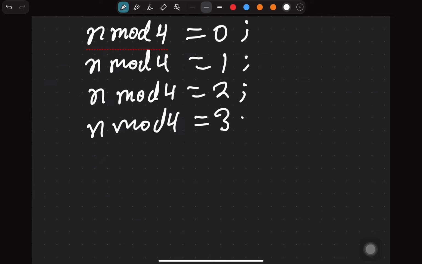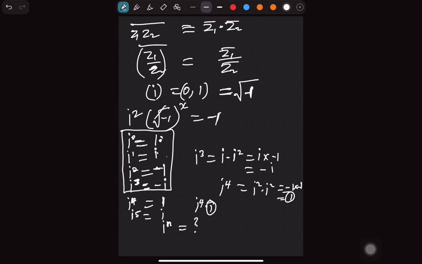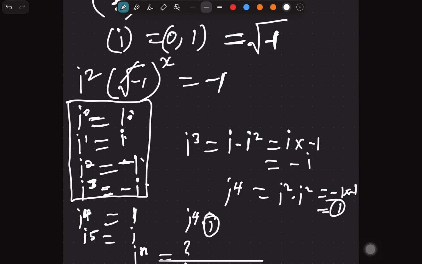Let's look at what it implies. If n mod 4 is 0, then i to the power n is equal to 1. Following the repeated cycle, we had 1, i, -1, and -i.